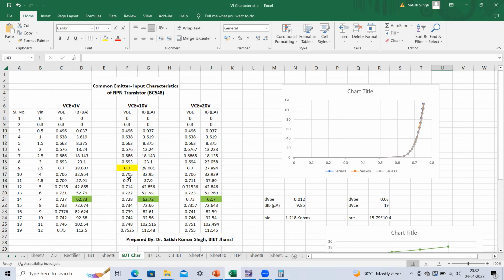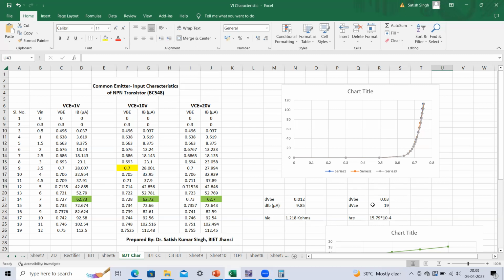So it is 0.705 minus 0.693, which comes out as 0.012. And here you can calculate 32.95 minus 23.1, which gives you 9.85. So here you can calculate this HIE with respect to the constant value of VCE. That will be coming out as 1.218 kilo ohms.